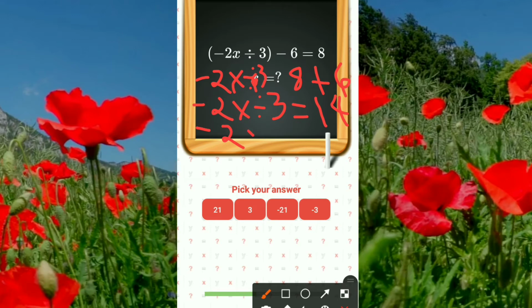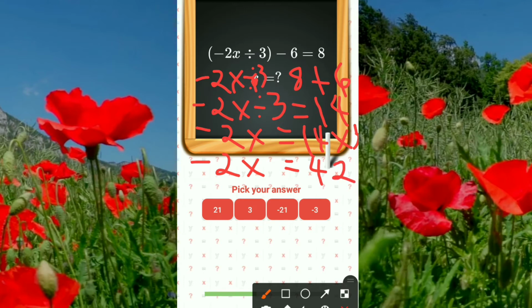Then, negative 2x equals, so we need to multiply the 3 to both sides. So 14 times 3. Then negative 2x equals 14 times 3, 42.